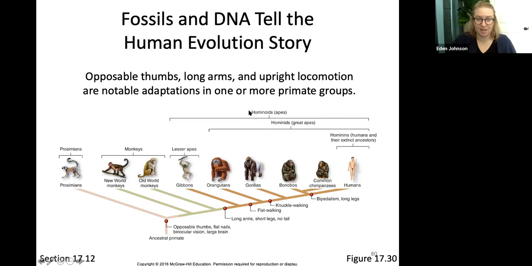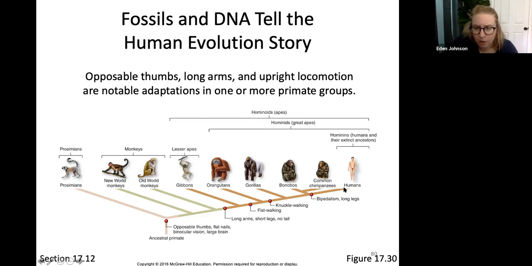We can see generally how we're related evolutionarily. So a lot of people who don't believe in evolution, they say that humans didn't evolve from monkeys, and you are completely right. A chimpanzee is not a monkey, it's an ape, but also we didn't come from chimpanzees, okay? You can't evolve from something that is still living.